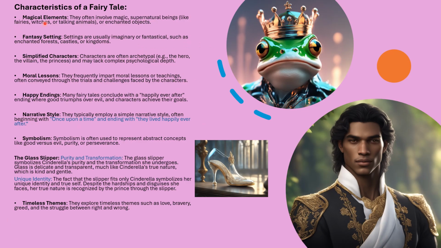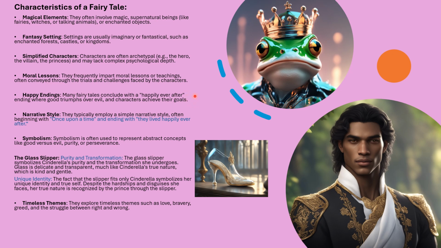So, as we said, magical elements: witches, fairies, fantasies, like castles in faraway countries. The characters are normally very clearly good or very clearly bad. As we said, there's a lesson to be learned. And there's normally a happy ending to these stories.